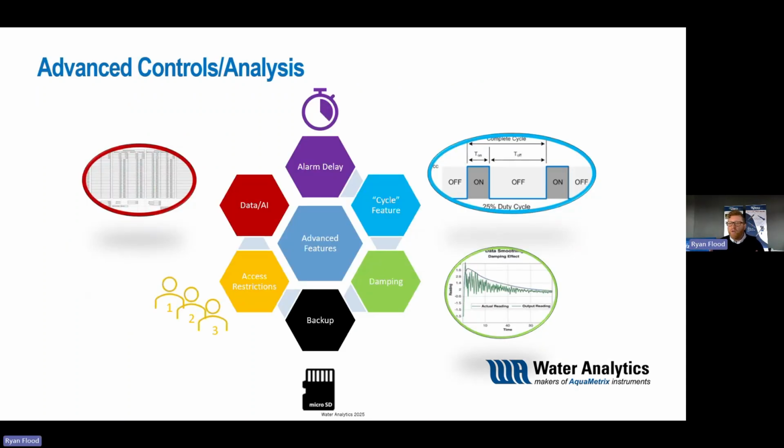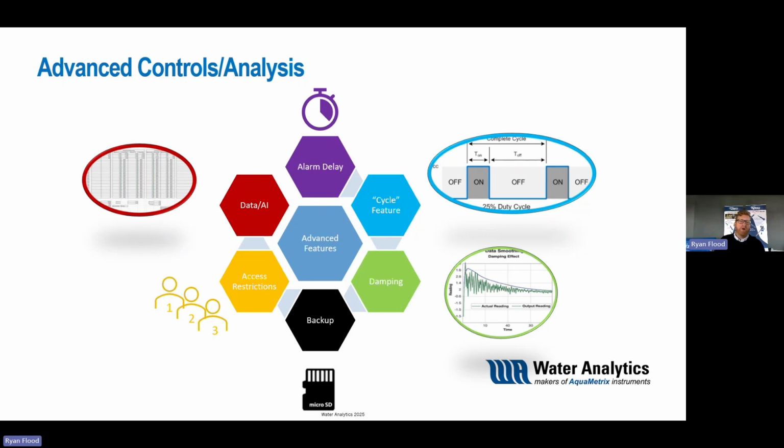Advanced controls. I'm not going to go into all the details here. There's a lot that you can do with controllers nowadays. So you can set up delays, and you can have cycling. You can make sure that your system is working properly. And again, you can really work through all the different parameters and access and capabilities you'll need at your facility.